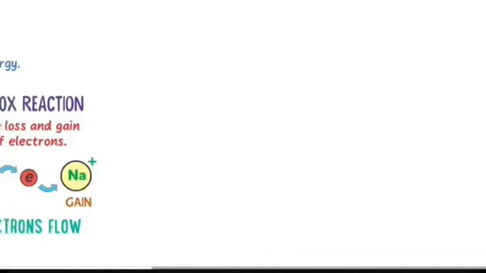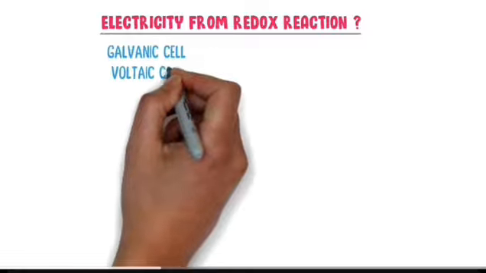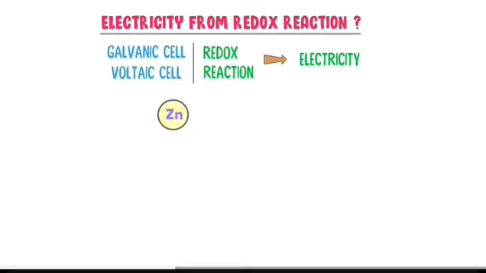Now let me teach you how we can produce electricity using a chemical reaction. Well, we use a galvanic cell or voltaic cell to generate electricity. I mean, a redox chemical reaction is used to generate electricity. For example, consider zinc atom and copper plus 2 ion.